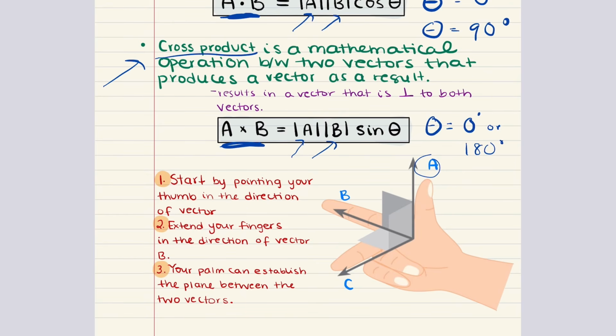All right? This makes sense because the sine of 0 degrees and the sine of 180 degrees is 0. Okay, and again, this makes sense because no area is formed if the vectors are in the same or opposite directions. So again, the cross product is 0 when the two vectors are parallel.